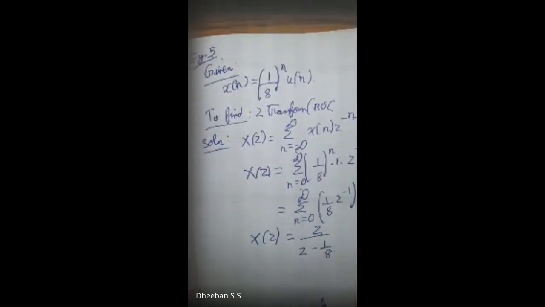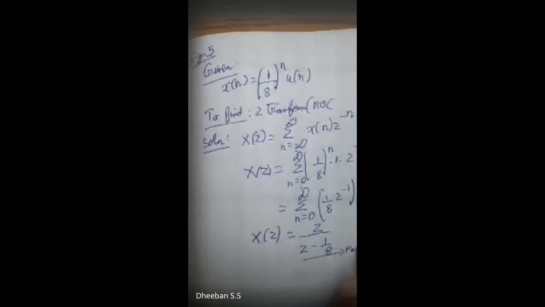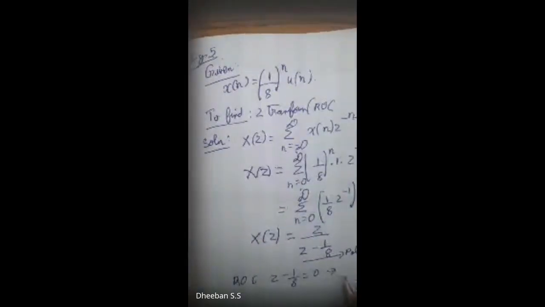Here there is the pole. For finding the ROC, substitute the pole, setting the denominator equal to 0. Then z will be equal to 1 by 8.